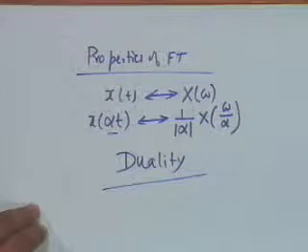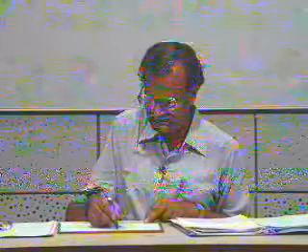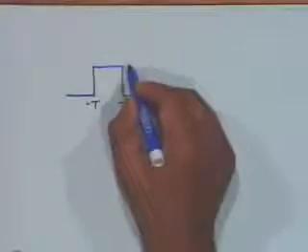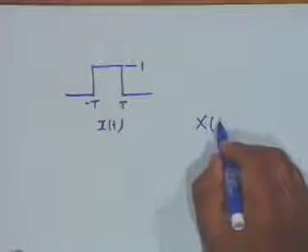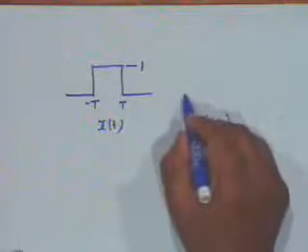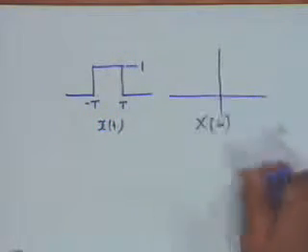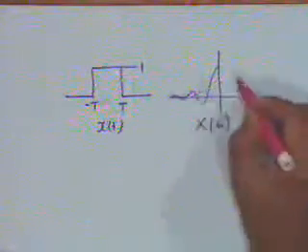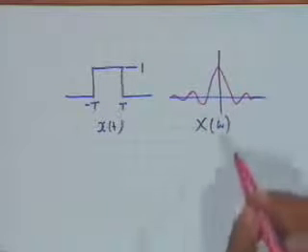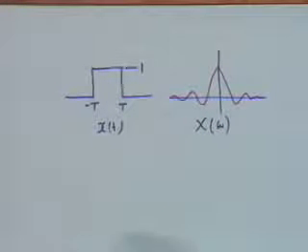Alright, that is, there is a duality amongst the two domains. Let me recollect another fact of duality, that if you have in the time domain a pulse like this, minus t1 to plus t1, and let's say this is 1, if this is your x of t, then your capital X of omega is a sin x by x form, it is like this, and the precise value is 2 sin omega t1 by omega.